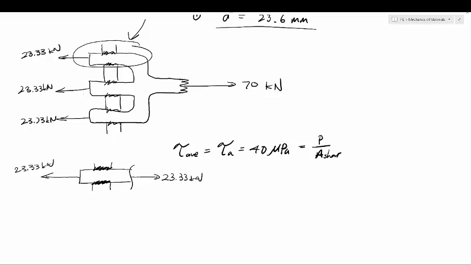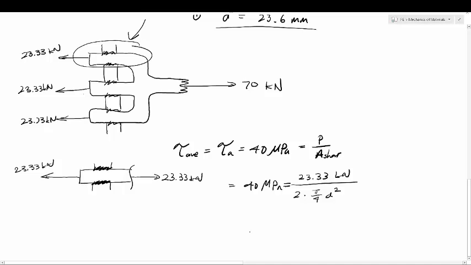So this 40 megapascals is going to equal P, which is 23.33 kilonewtons, divided by the shear area, which is 2 times the cross-sectional area, pi over 4 times d squared.